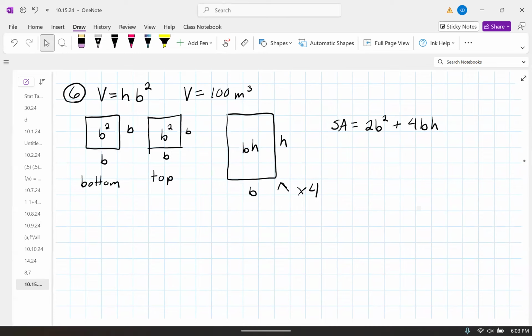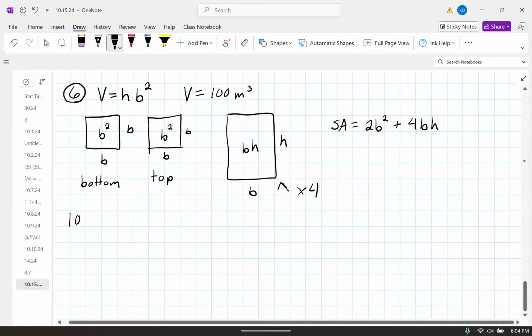Okay. We again have extra variables. I'm going to get rid of that H. I know my volume is 100, and that equals H times B squared. So then my H has to equal 100 B to the -2.